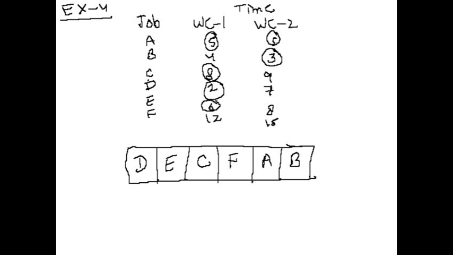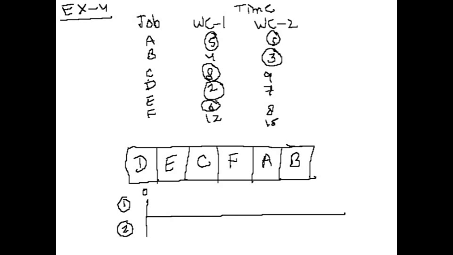Now when it is applied, we make a Gantt chart, and using the Gantt chart for both work center 1 and 2, you can see we can make the assignment. Suppose this is the starting time, and this is work center 1 and this is work center 2.